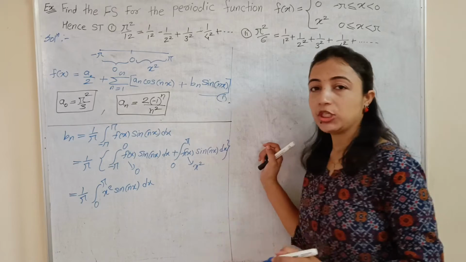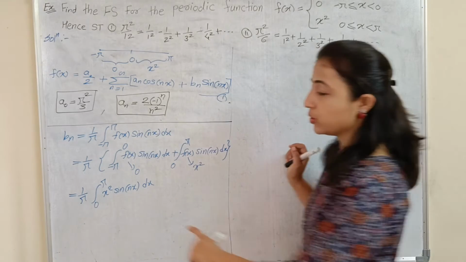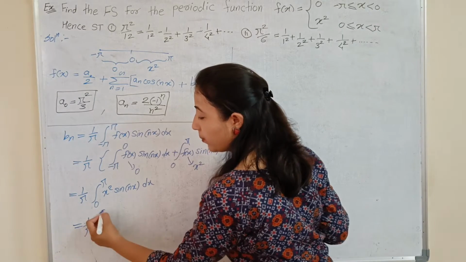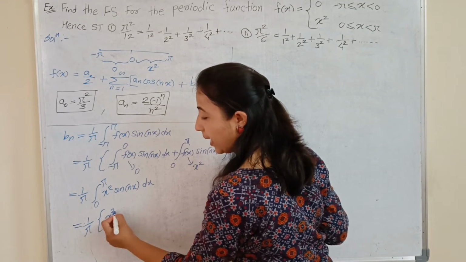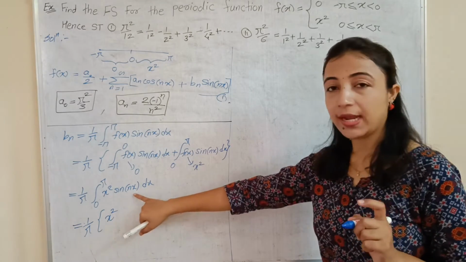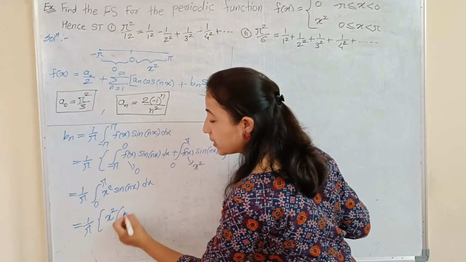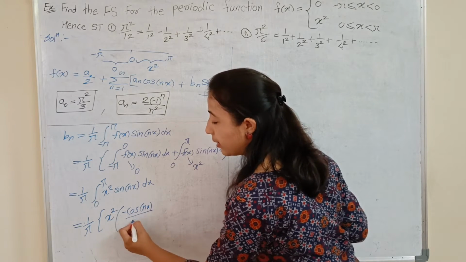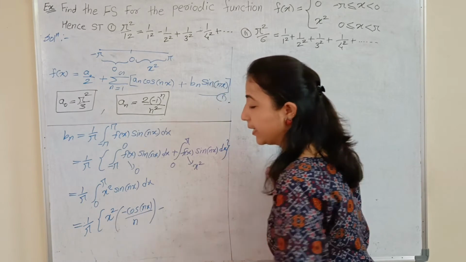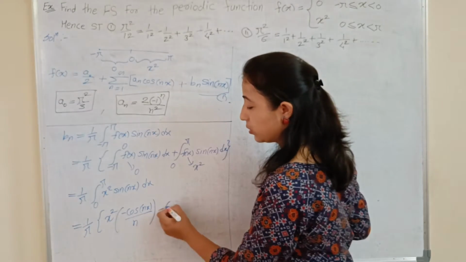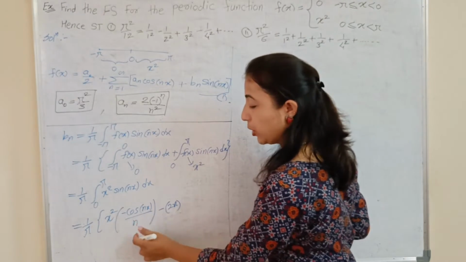Again use the integration by parts continuous formula. So first term x square as it is. Take the integration of the second term. The second term is sine, and the integration of sine is minus cos nx upon n. Alternate plus minus, so the next term is minus. Take the derivative of the first term, so 2x, and the integration of the second term.